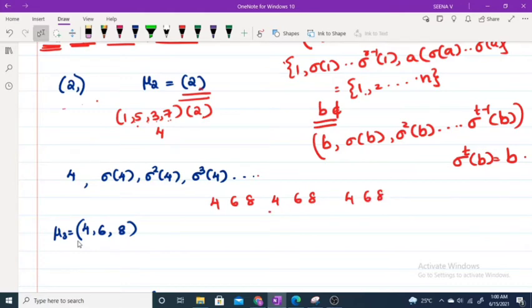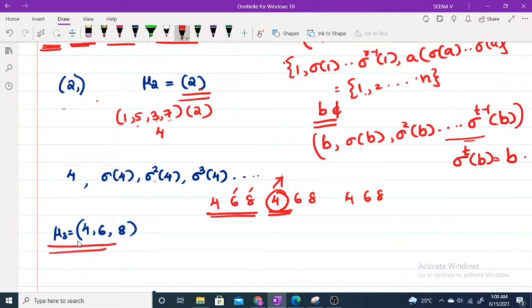So what is the first repetition? The first repetition is 4, and it happens at sigma cubed, so here t is 3, and we are considering the elements up to t minus 1. Okay, so 4 6 8, and let it be mu 3.